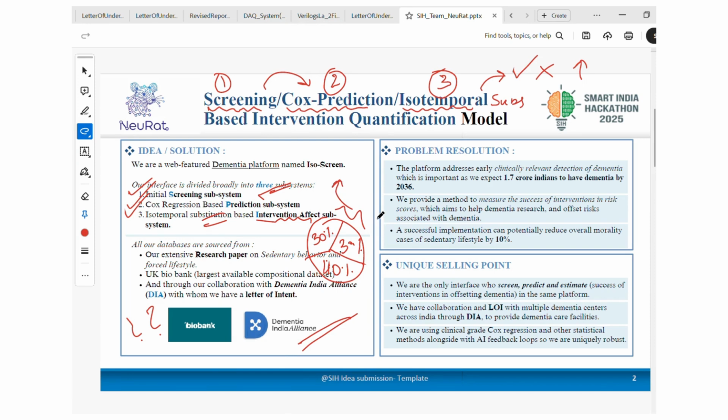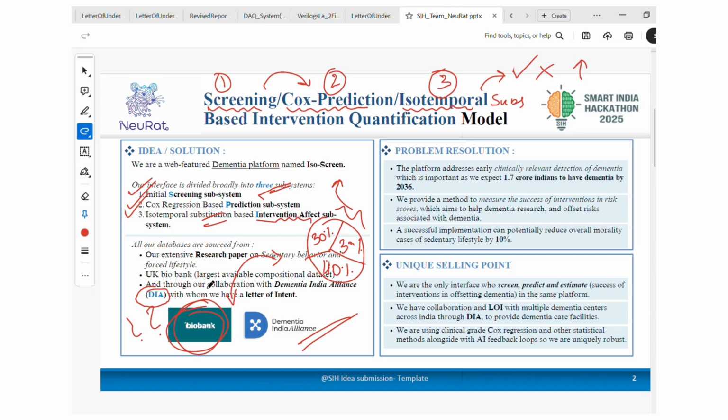Once we have taken this data from the user, we then use our data from the UK Biobank, and we essentially compare the compositional data. Now, UK Biobank is one of the largest compositional datasets available, and usually it is also in consensus that regional cohorts for dementia are not distinct, which means the people who face dementia in India, and specifically in that age group, are not very different from someone facing dementia in another country.